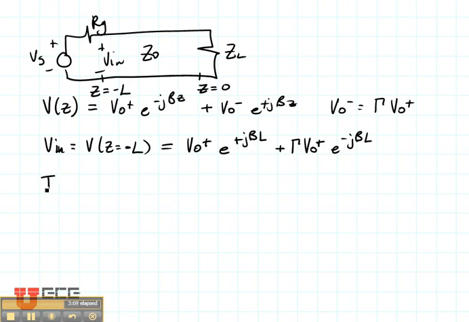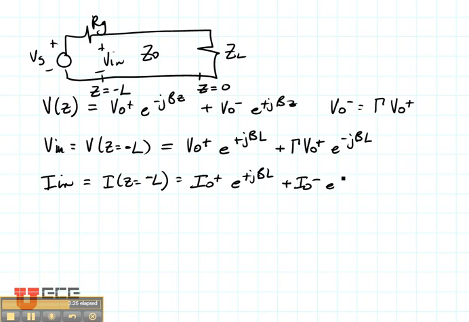Similarly, let's write an equation for Iin. That is going to be I at z equals minus L. That's going to give us I0 plus e to the plus j beta L plus I0 minus e to the plus j beta L, and then this changes to negative.